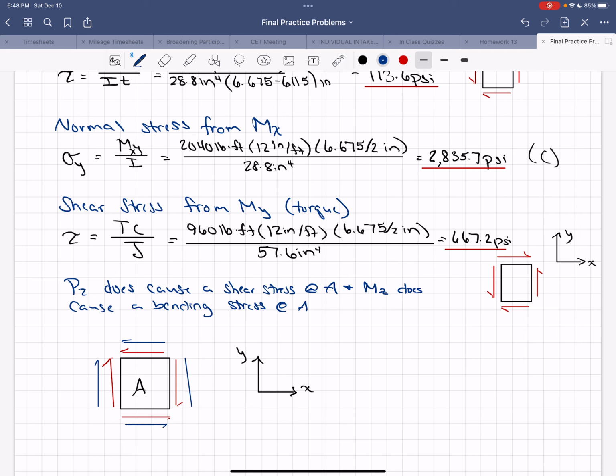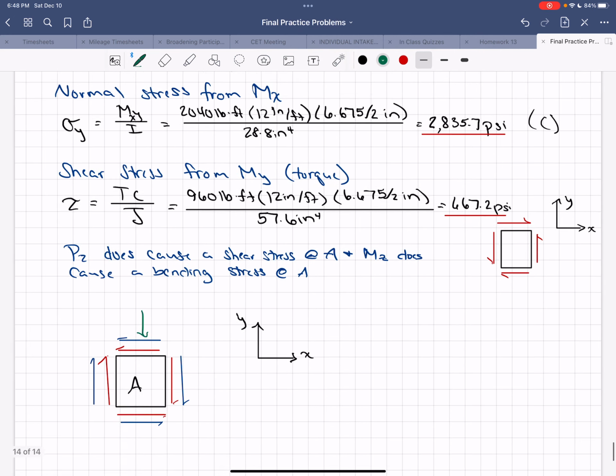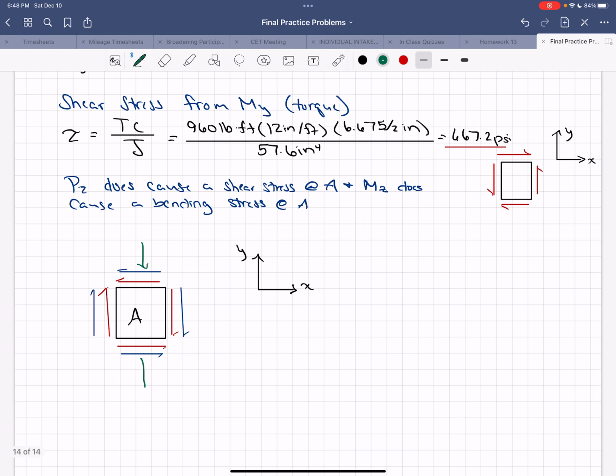And then we have two compressive forces in the Y direction. We have the axial compressive force and we have the bending compressive force.